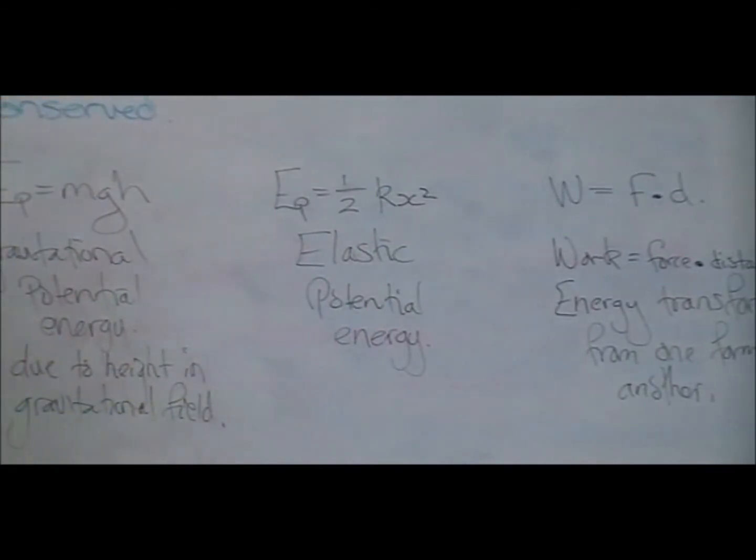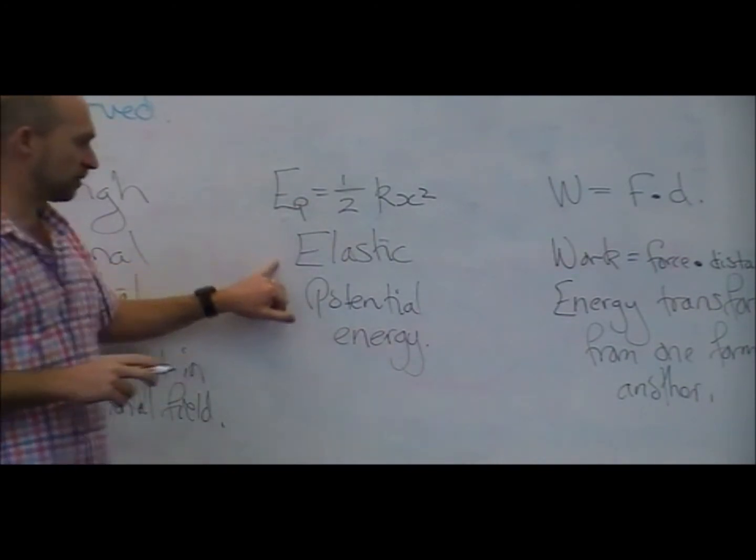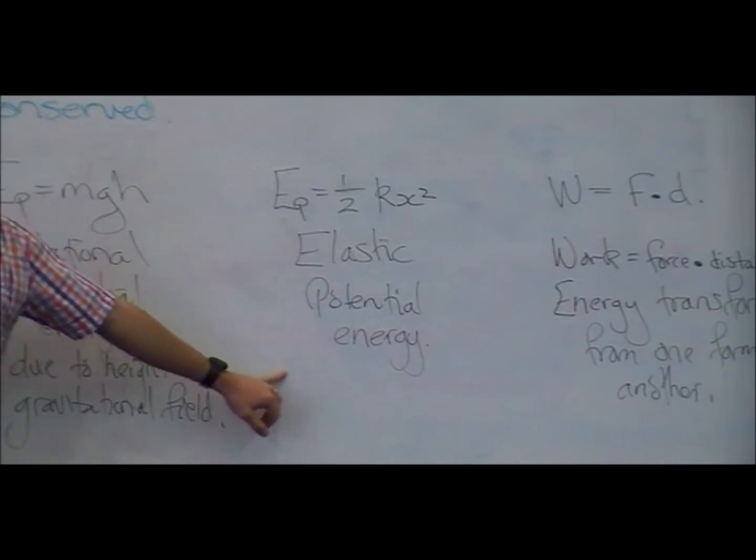So elastic potential energy, we're talking about the kind of energy that you store in something when you stretch it or bend it. As you apply a force, you have to apply more and more force as you pull back, I don't know, a rubber band ready to flick it at your friend. And as you pull it back further and further, you're storing more and more energy.